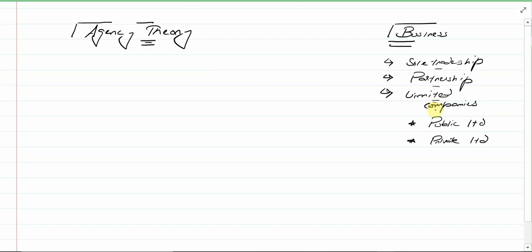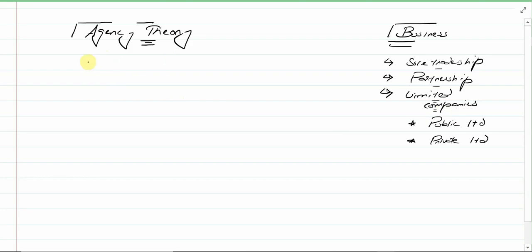So limited companies are a legal entity. The company is an artificial person, and we have discussed the features why the company is known as a separate legal entity and why the sole tradership and partnership are not called separate legal entities. We have already discussed that in chapter number 1, which was the introduction to business.